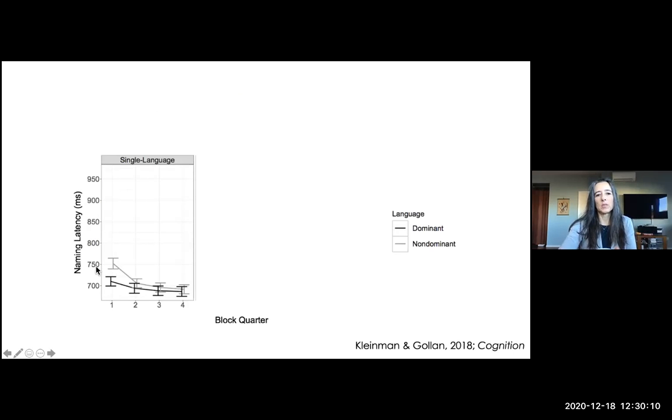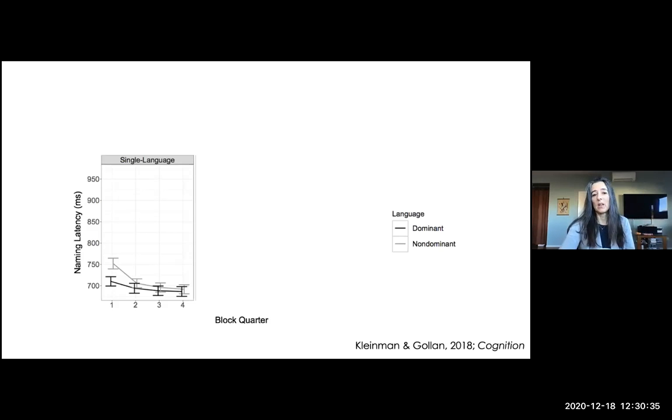This shows you the results from the single language blocks. The dominant language, you'll notice in a lot of these figures, is often darker to represent the fact that it's dominant. And in single language blocks, over the course of the block, from the beginning to the middle and the end, you see the dominant language is faster and naming times get faster with repetition, which is what you would expect to see.